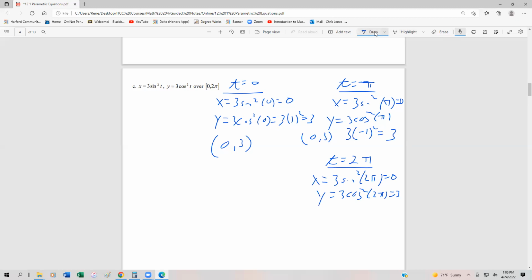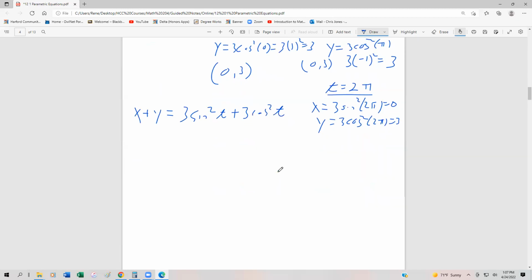Now what we can do is just add these together. So we would have x plus y is equal to 3 sine squared t plus 3 cos squared t. But we know that this is a Pythagorean identity if we factor out the 3.